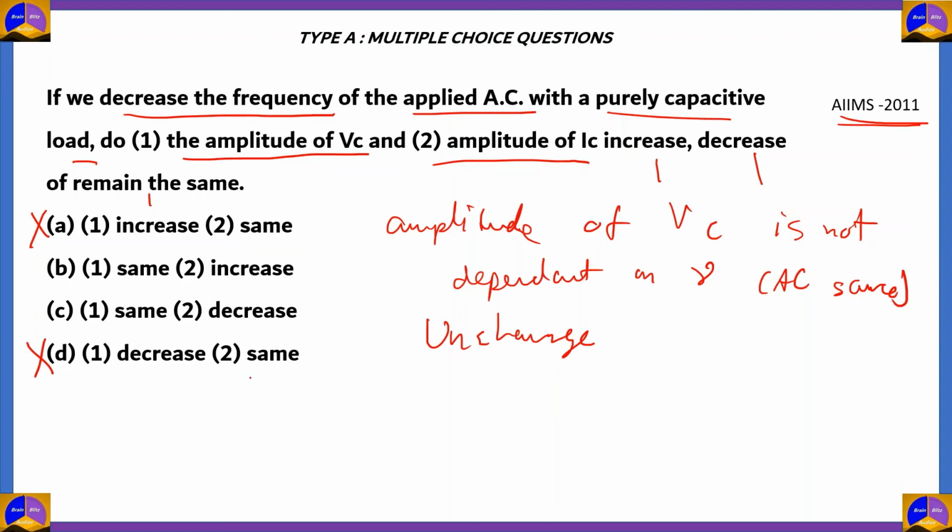By analyzing those two options, we can also note that the amplitude of the current passing through the capacitor is dependent on the linear frequency, because both of the options marked same are wiped out.